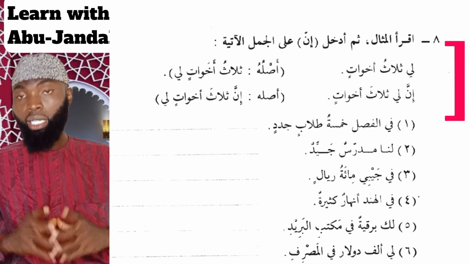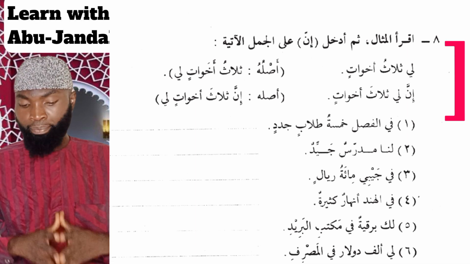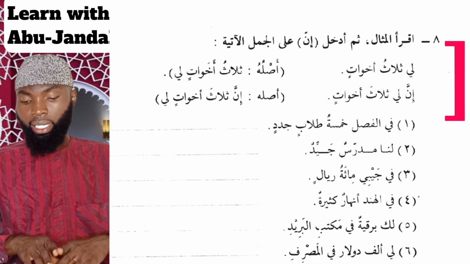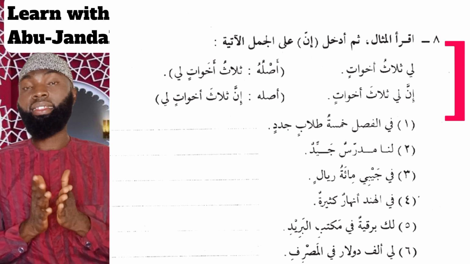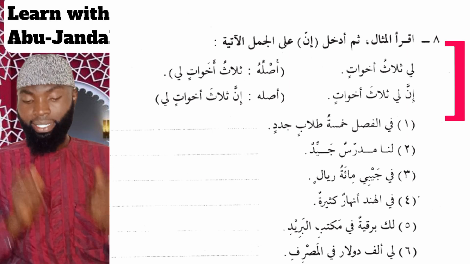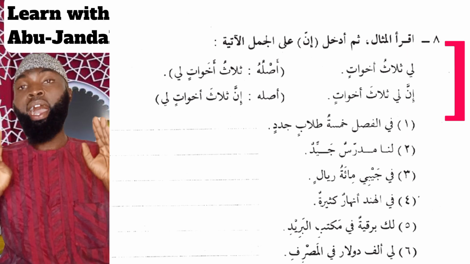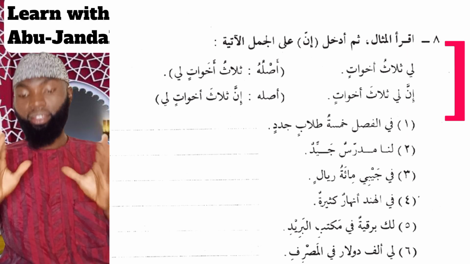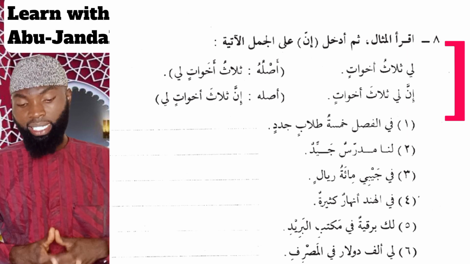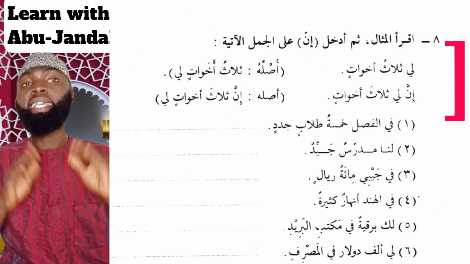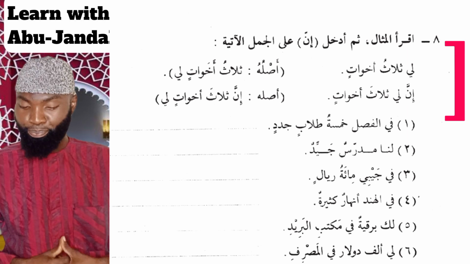The predicate here will be what? The thalath, the li thalath. So that's why the thalath is carrying fatha. So we have inna li thalatha akhawatin. Indeed I have three sisters. So the origin of this is inna thalatha akhawatin li. Indeed, three sisters are for me.